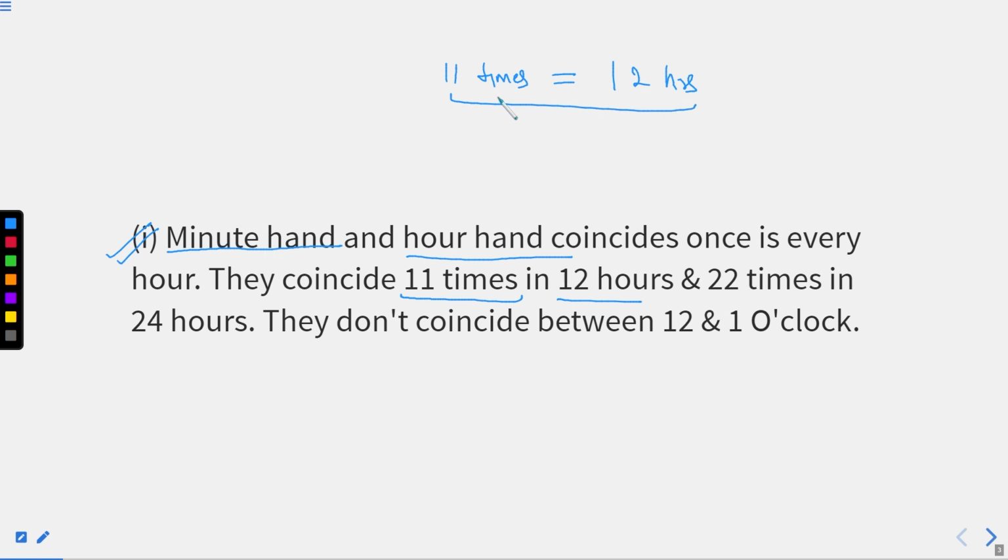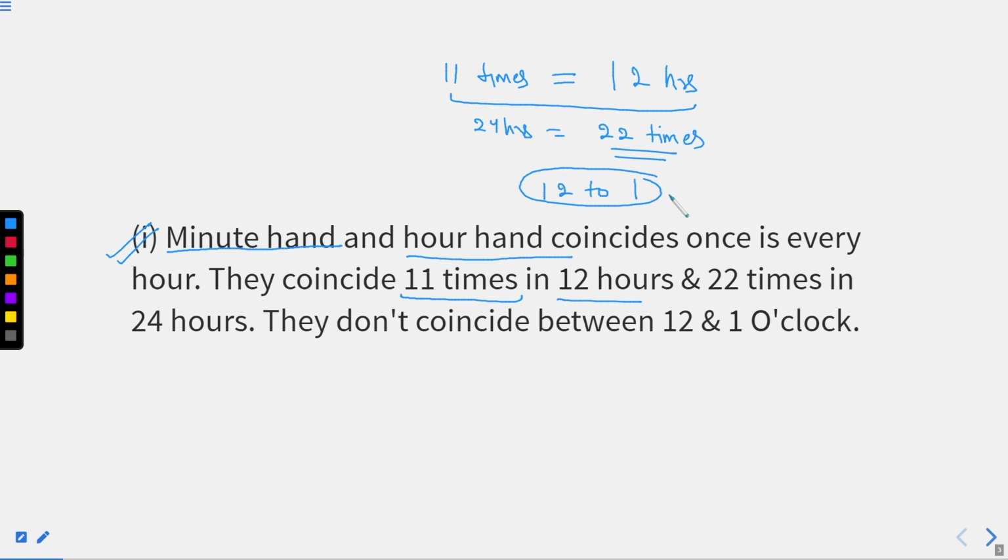If 11 times in 12 hours, then in a day we know 24 hours are there. How many times will they coincide? 22 times. Why not 24 times? Many of the students are very curious. So there is a slot from 12 to 1 o'clock where both the minute hand as well as the hour hand do not coincide.